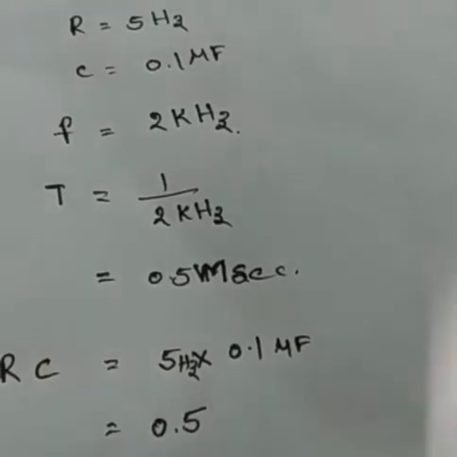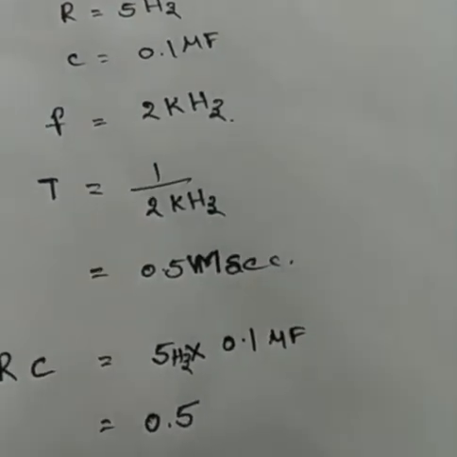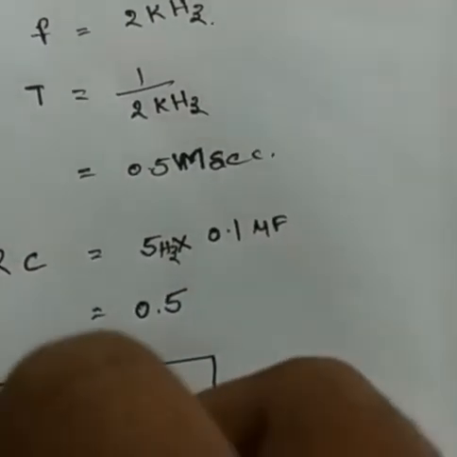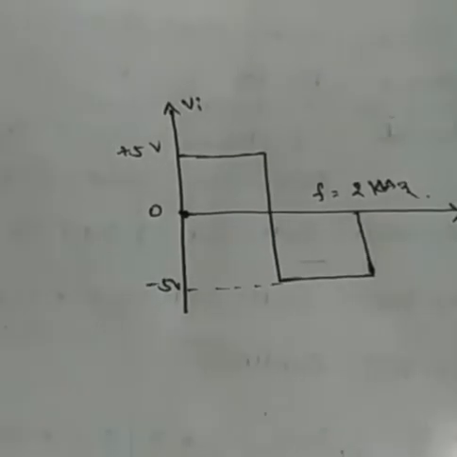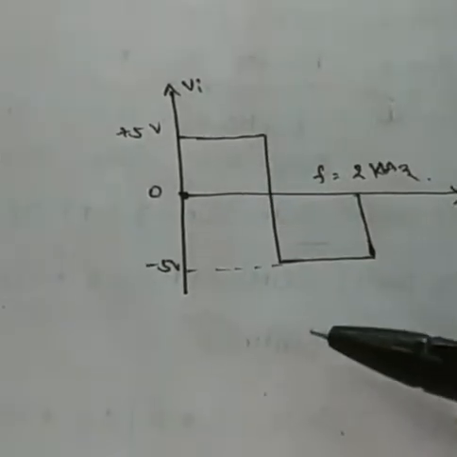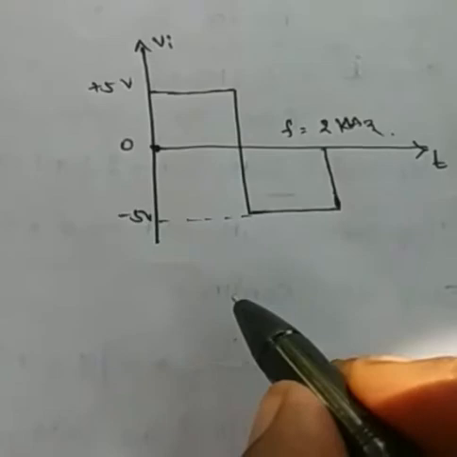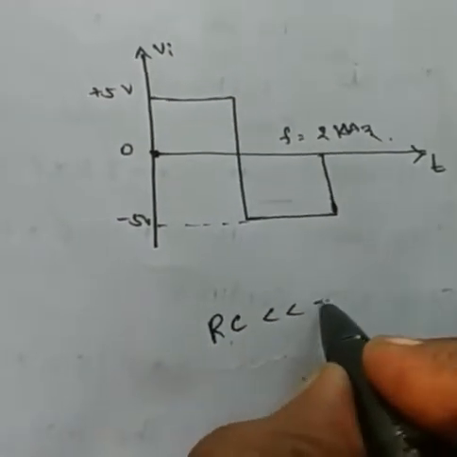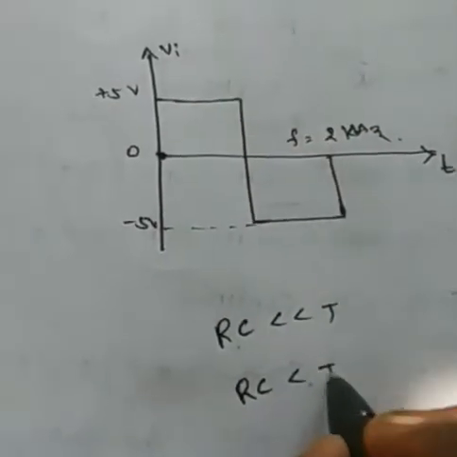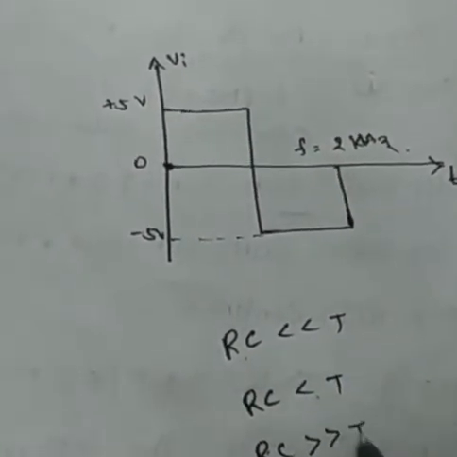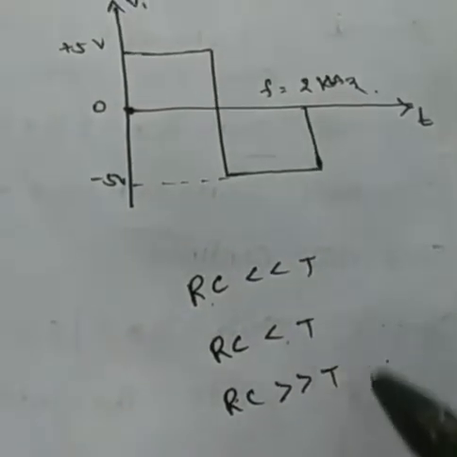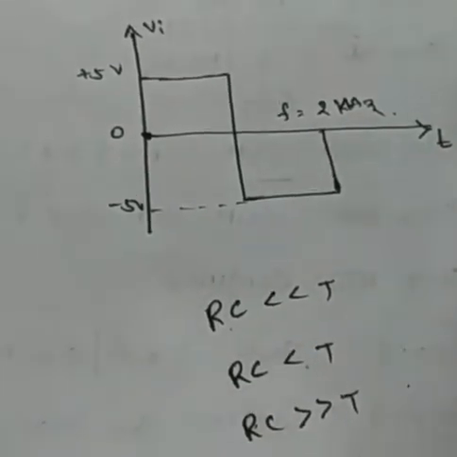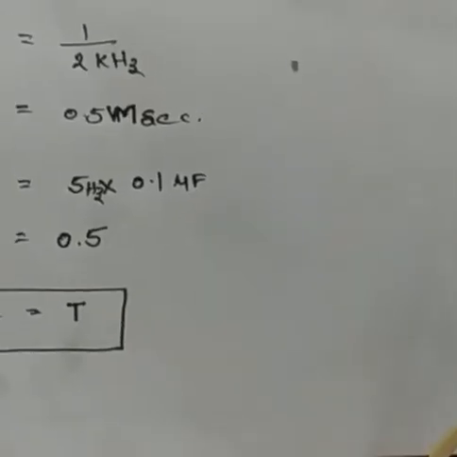So both are equal: RC is equal to T is the relation between RC and T. For getting the response to a square wave, we have to discuss the relationships between RC and T. That is, RC is very much less than T, RC is just less than T, and RC is very much greater than T. Depending upon these relationships, we get different shapes of the square wave output curve.